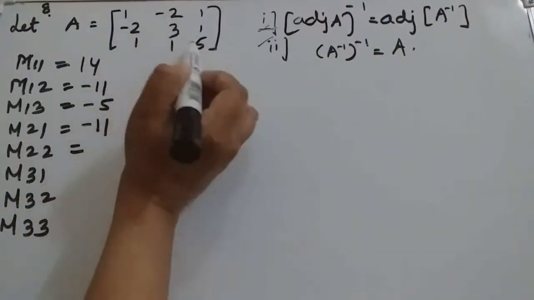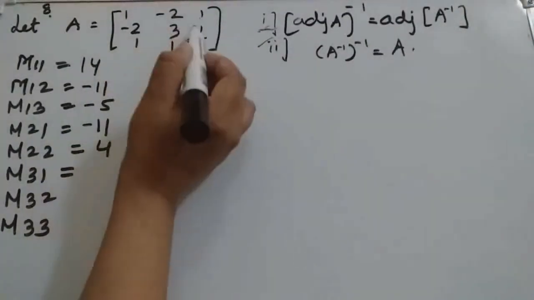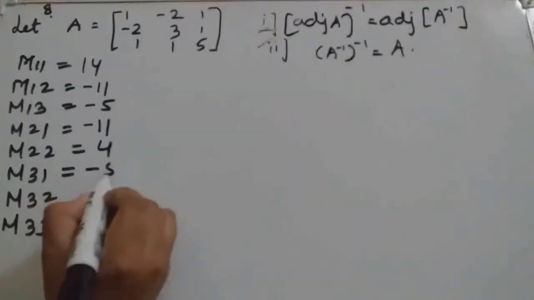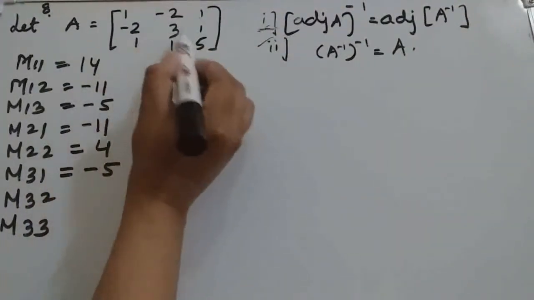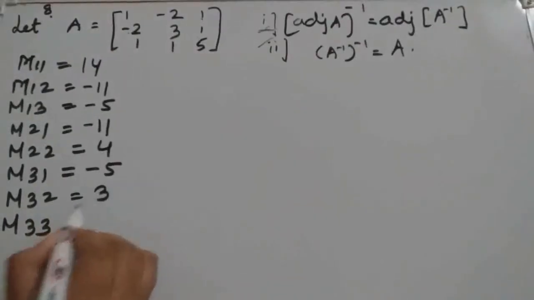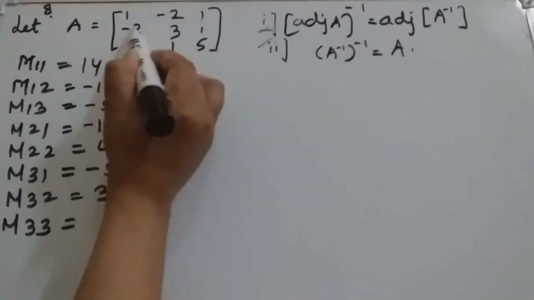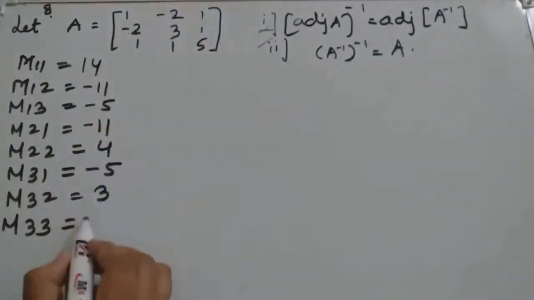Second row, second column means 5 minus 1, that is 4. Then third row, first column means minus 2 minus 3, that is minus 5. Third row, second column means 1 plus 2, that is 3. And third row, third column means 3 minus 4, that is minus 1.